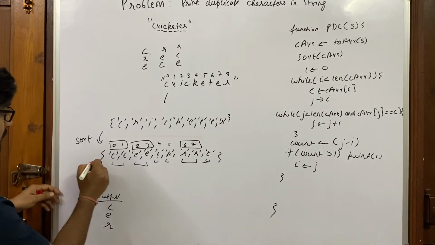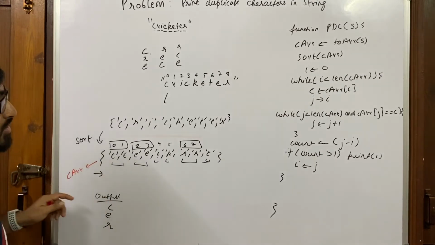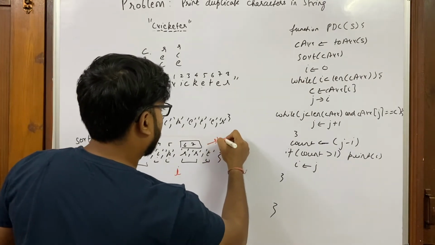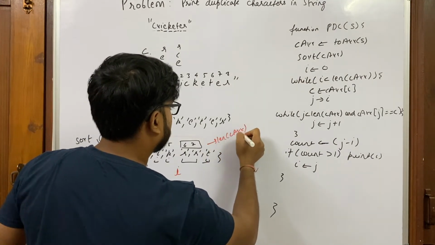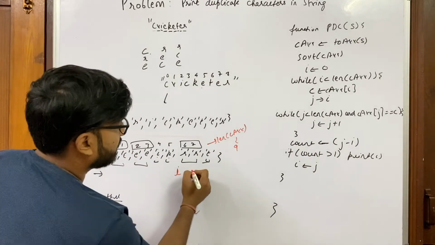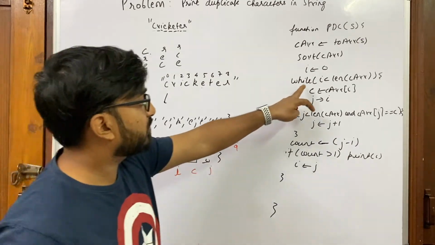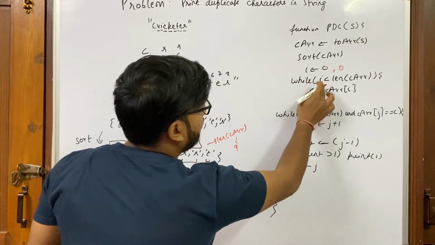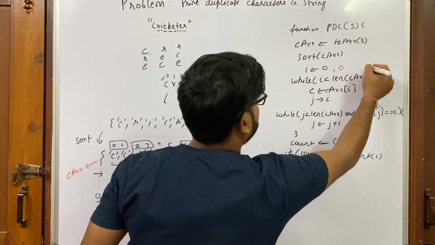Okay, so this is our CARR. What all values do I have? I, len of CARR is 9. We have J, we have C. So here I starts at 0. I is less than len of CARR, which is 9.